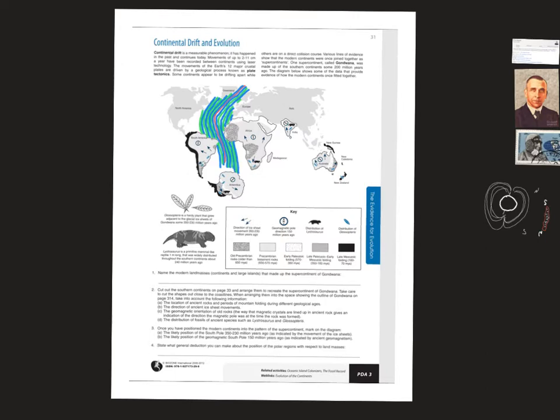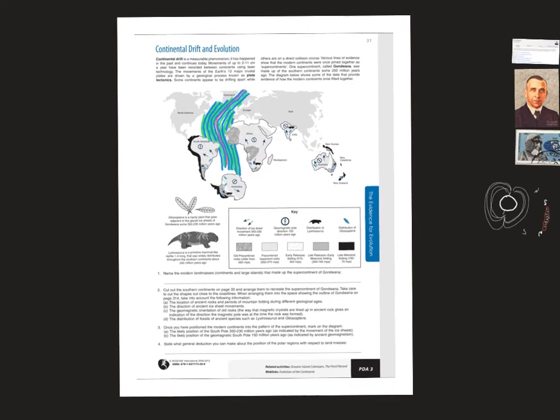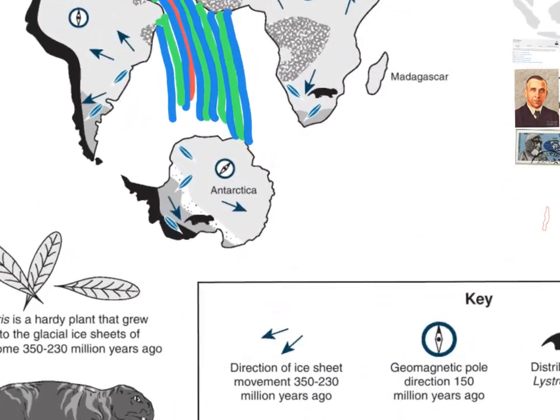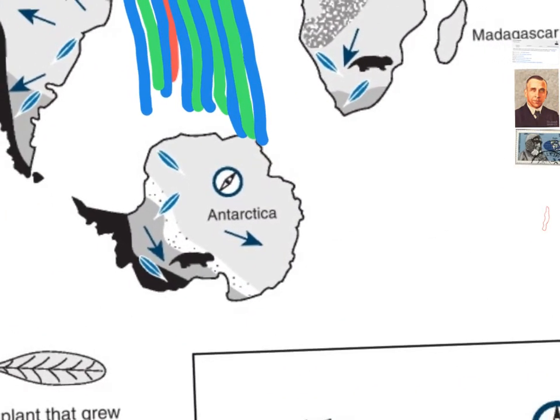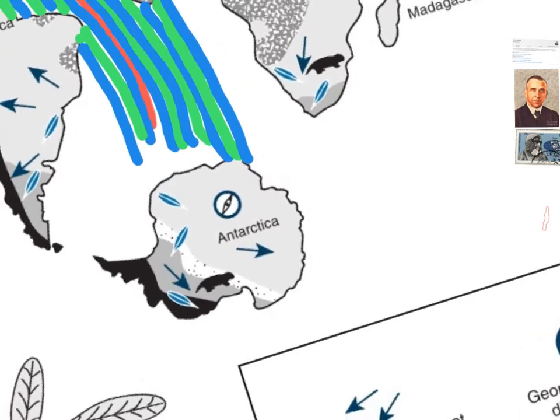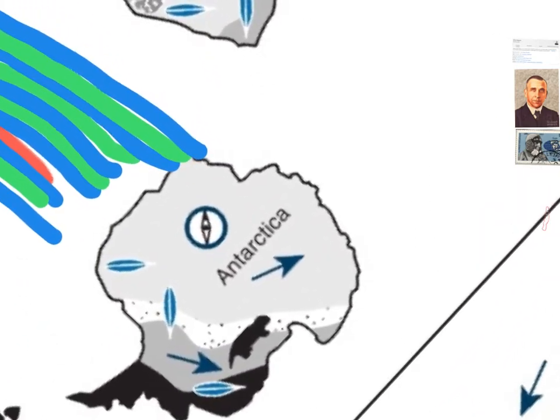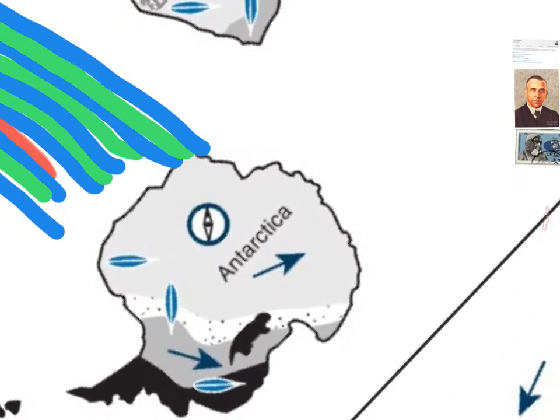Well, let's take a close-up look at Antarctica. Imagine if Wagner was correct, and the land, Antarctica, was pointing north when that rock was made, in this direction.